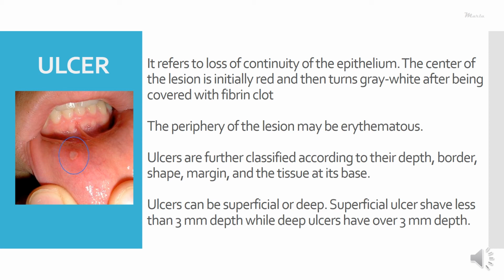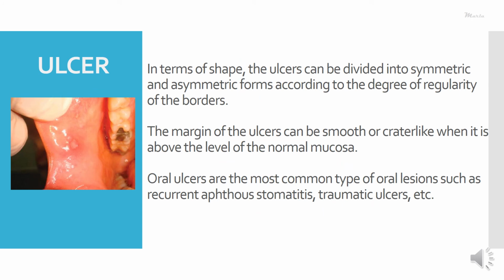Ulcers can be further classified based on their depth, border, shape, margin, and the type of tissue on the base. Knowledge of these individual aspects of an ulcer helps us a great deal in determining the final diagnosis. Overall, ulcers can be superficial or deep. Superficial ulcers have less than 3 mm depth. Deep ulcers have more than 3 mm depth. In terms of shape, they can be divided into symmetric or asymmetric forms based on the regularity of the borders.